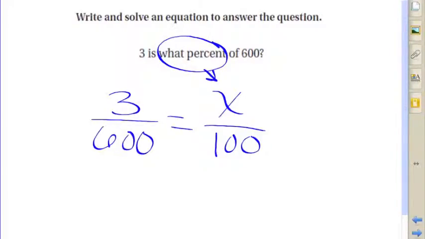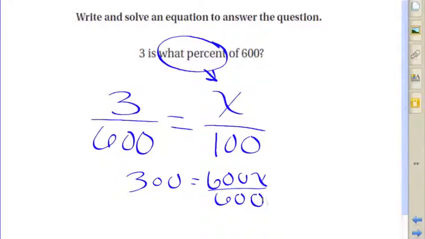So to do the math, what we would do is cross multiply. Okay, all you have to do is 600 times x, which is 600x, and 100 times 3, which is 300. Divide both sides by 600. Turns out that x equals 1/2, or 0.5.